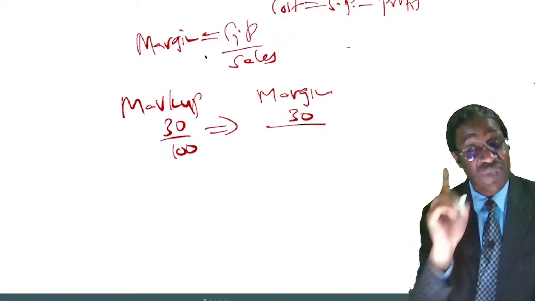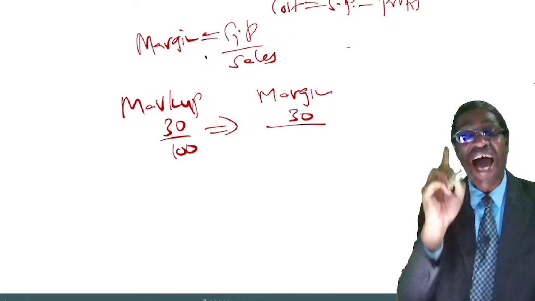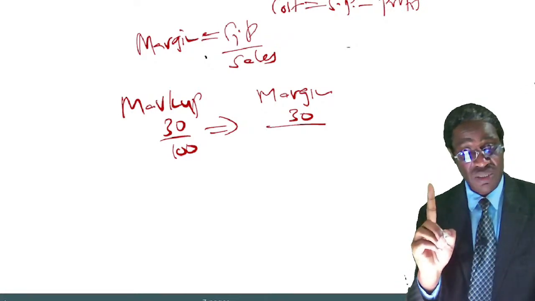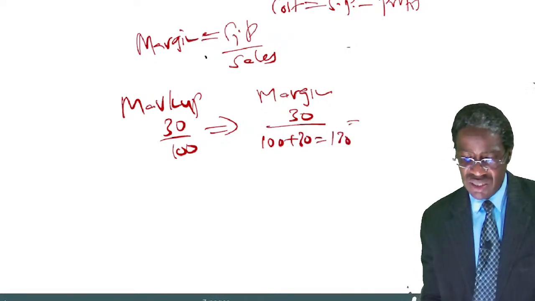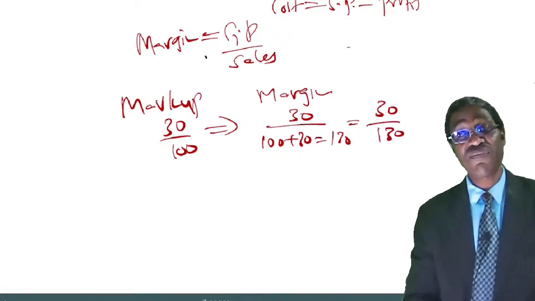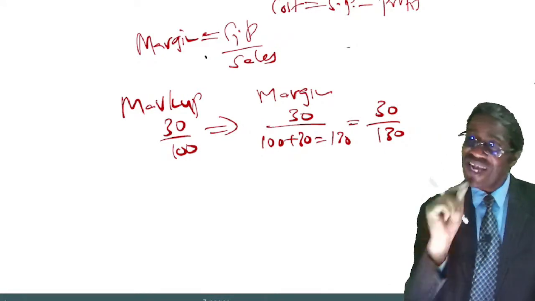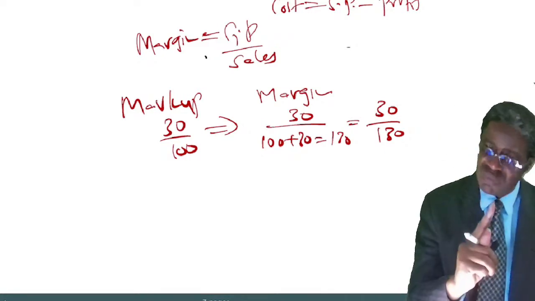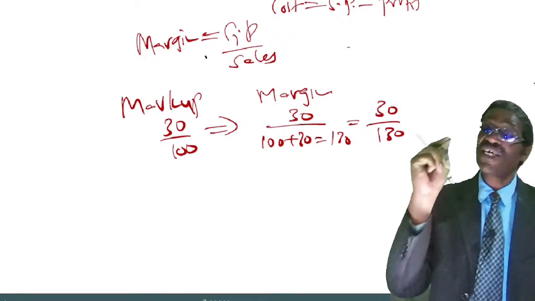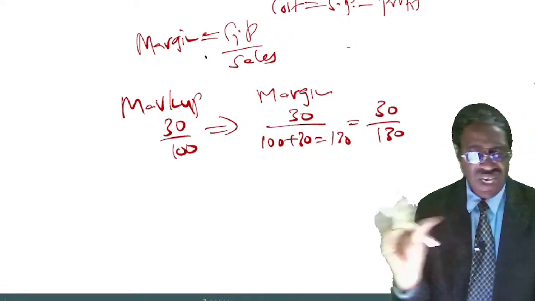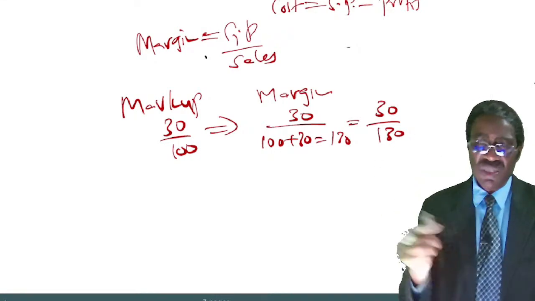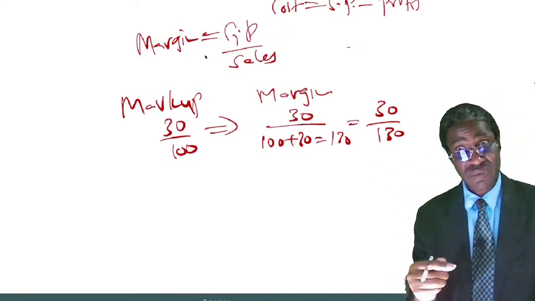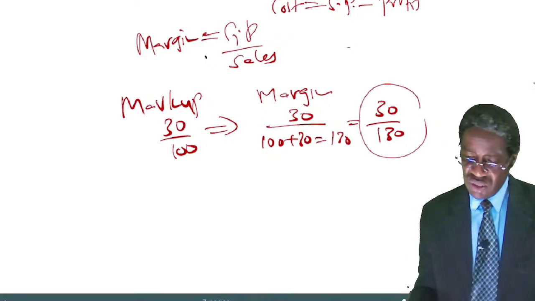Then you take that same numerator and add it to the denominator. So it will be 100 plus 30, which comes to 130. So the margin will be 30 divided by 130. That will give you the margin.